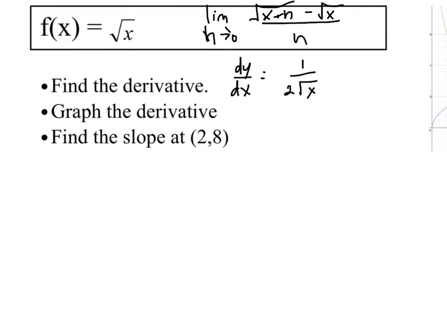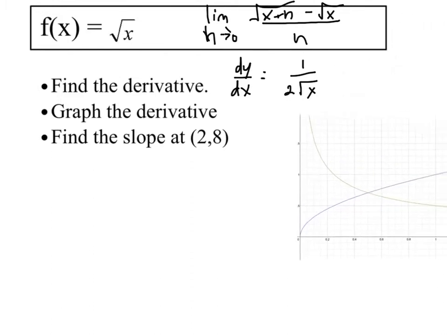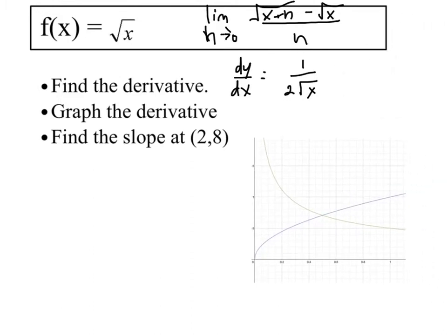Okay? So if I graph both of these things, the square root of x and 1 over 2 square root of x, here's what we get. The blue function, of course, is the square root, and you'll notice it always has a positive slope, but it becomes less positive. It kind of levels out as it goes on. So the derivative is always positive, but it becomes less positive.